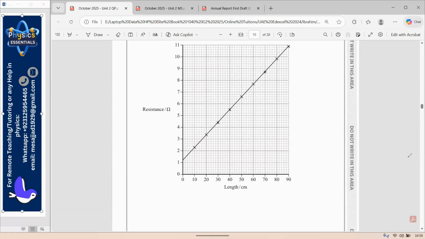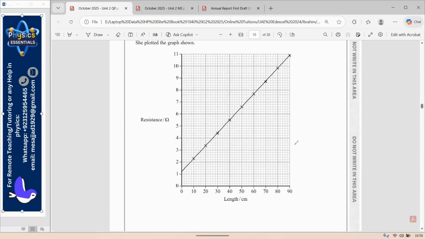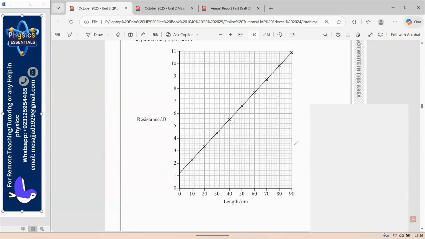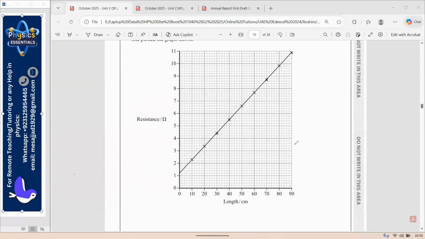Okay, so I'm considering the graph as a source of precious information. You can see that on the y-axis you have R, and on the x-axis you have length, which is in centimeters. So first of all, you know that the resistivity is some kind of number. It is a digital signature given to every metal by nature.